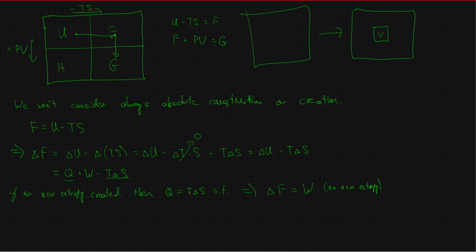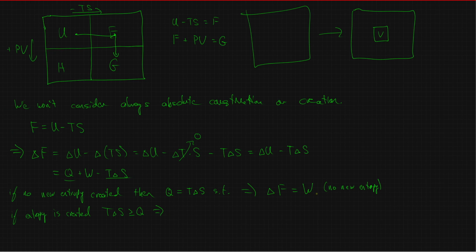Well, we know that in general, entropy can get created. So if there is entropy created, we want some kind of inequality here. And so, again, by the first law, we should have that T delta S is greater than or equal to Q. We just looked at the equal case.